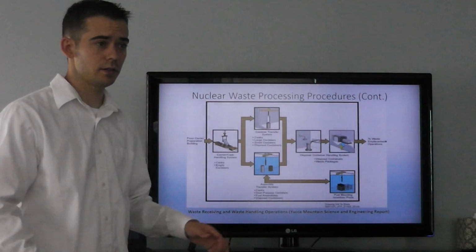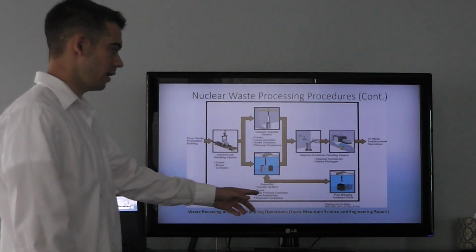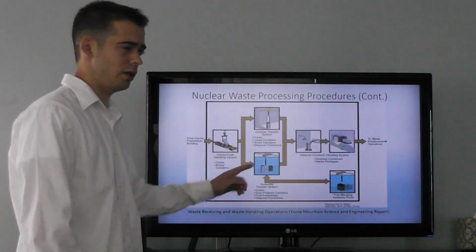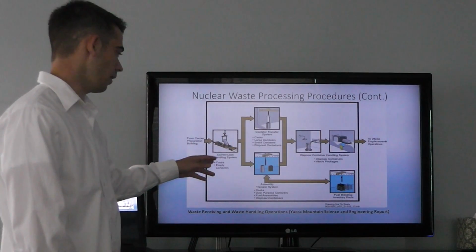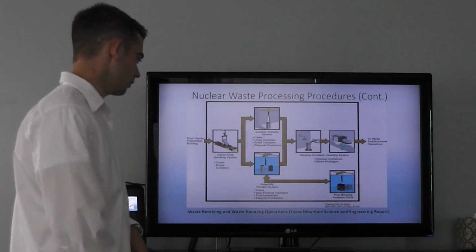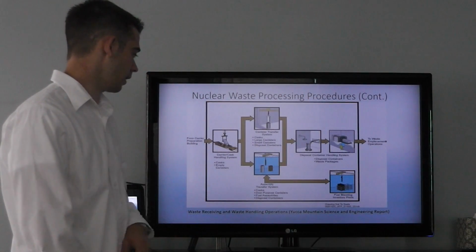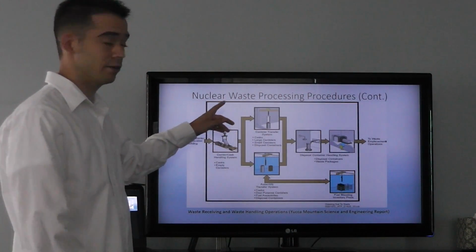So try to keep this drawing in mind. I'm going to briefly go over each of these different aspects right now, and then I'll go into more detail in further slides. From the carrier preparation building, there's a carrier cask handling system that's going to carry the casks and empty canisters. From there, it has two different paths.